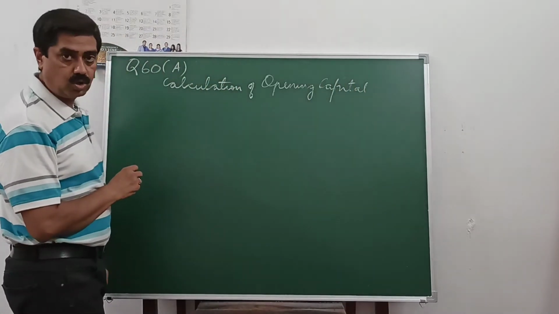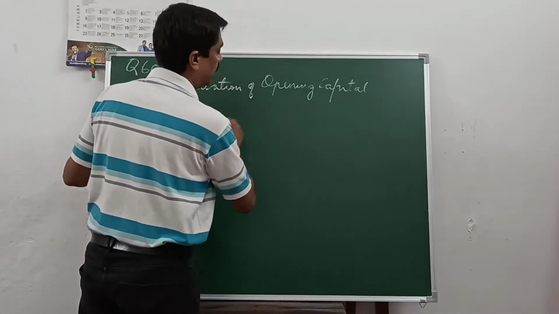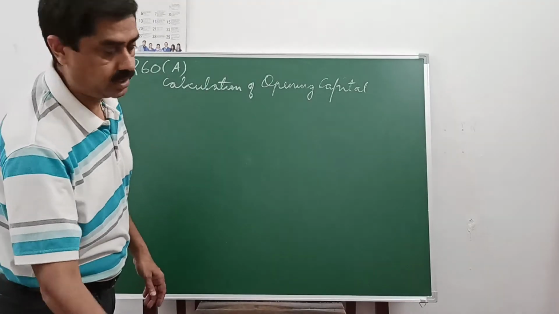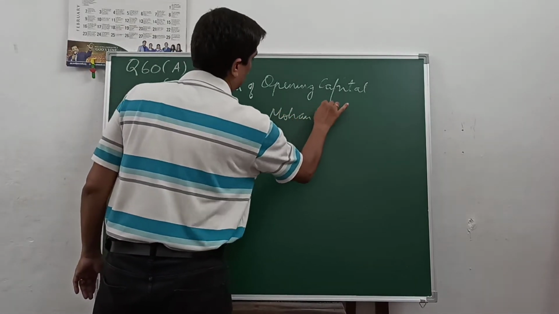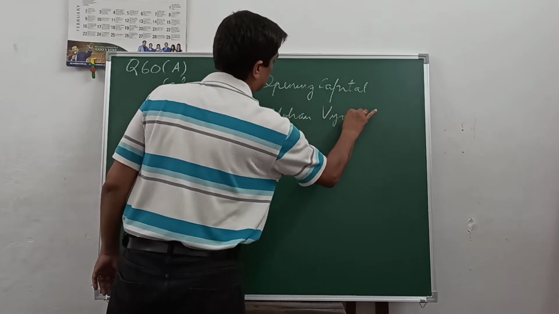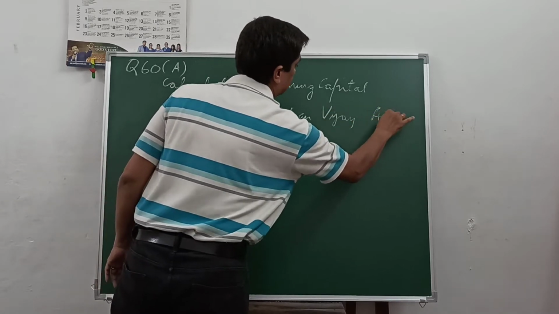We will make three columns for the three partners. We have Mohan, Vijay, Anil in that order.